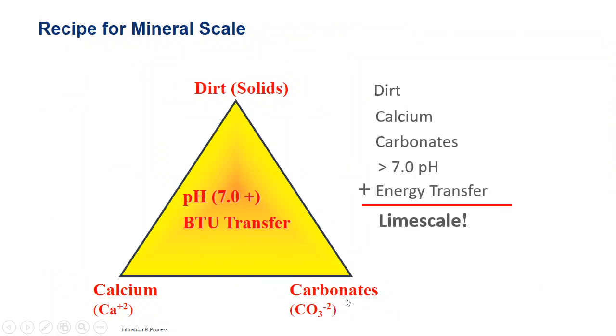Why? Because the acidic conditions are going to break this down into oxygen and CO2 and gas off. Okay? So, when we have pH above 7, hardness minerals and carbonates in the water will make limescale if we heat that water and it's above a pH of 7.